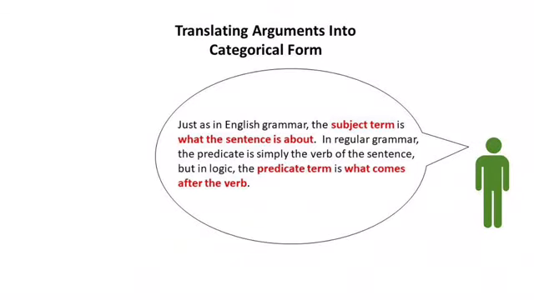So you want to be very clear. The subject term is just like it is in English grammar, right? It's what the sentence is about. But we use the phrase predicate term a little bit differently in logic. In regular grammar, the predicate is just the verb. But in logic, it's what comes after the verb. The predicate term does not include the verb.